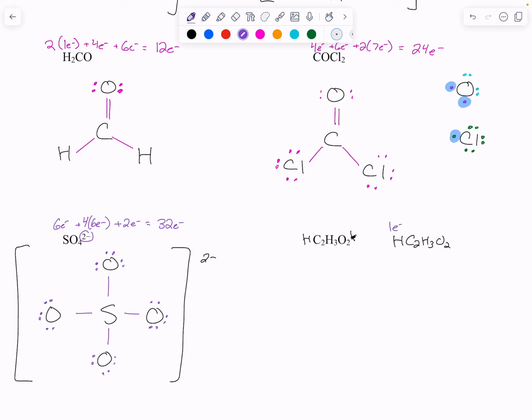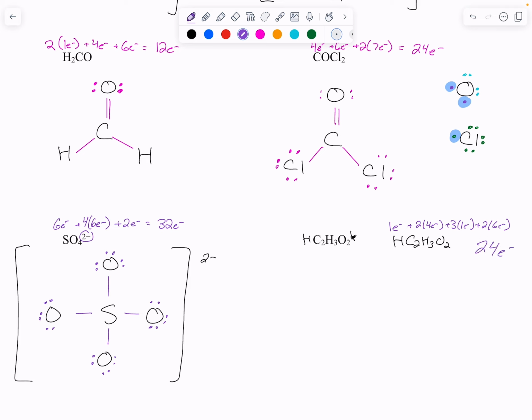Well, 1 for hydrogen, plus 2 times 4 electrons for carbon, plus 3 times 1 electron for hydrogen, plus 2 times 6 electrons for oxygen. Wow. That's a lot of electrons there, isn't it? So we have, what is that, 24 electrons.